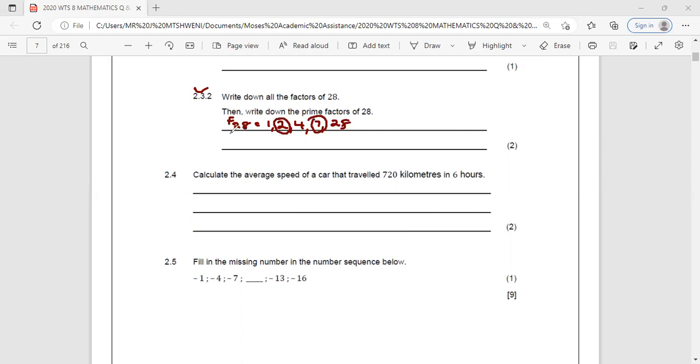So in answering the question, you first list the factors, then the prime factors. The prime factors will be what?